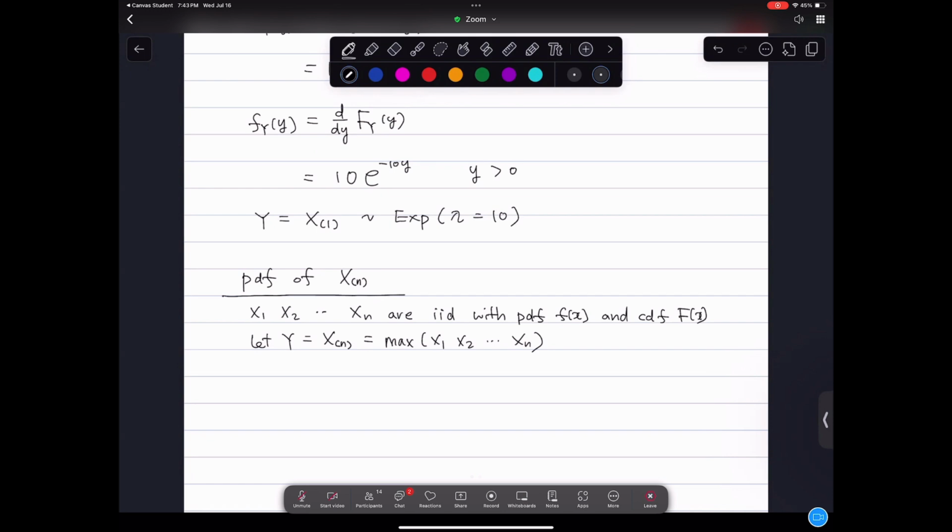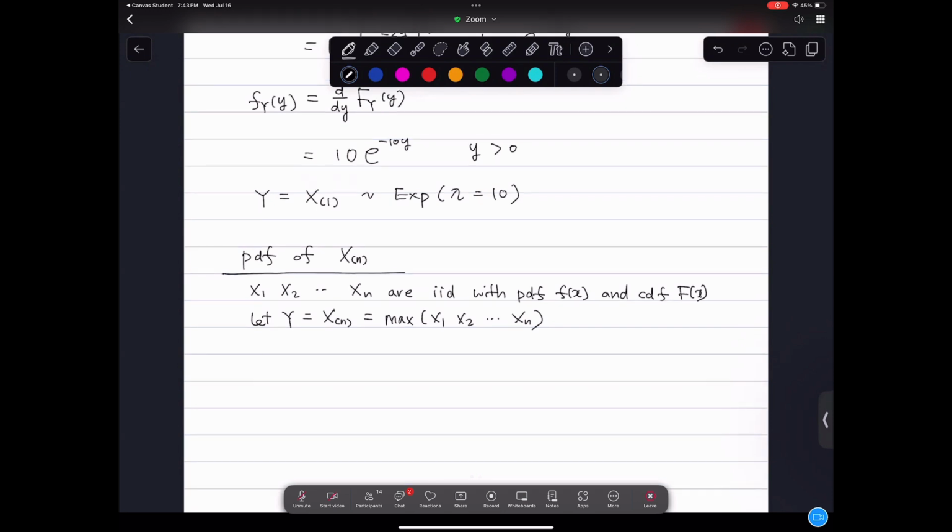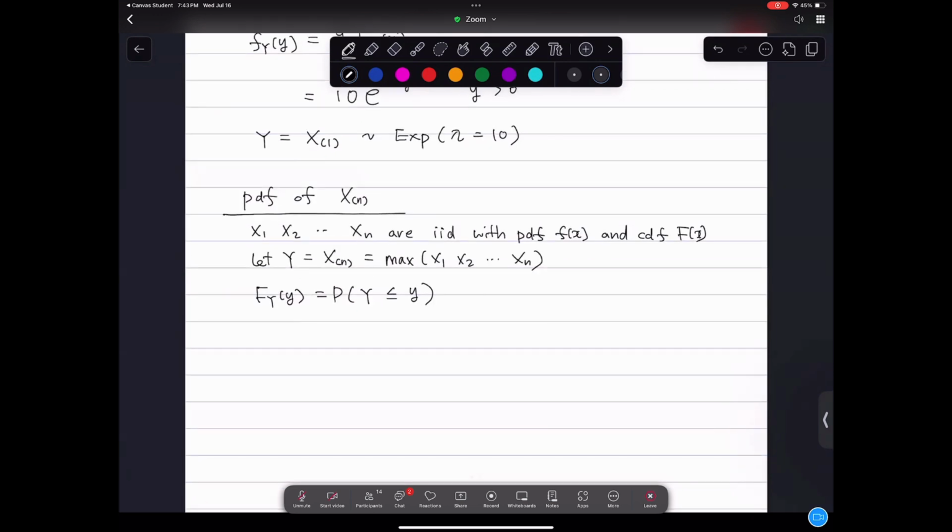So I want to start from my CDF, F of Y, the probability that your Y is less than or equal to y. And I know my Y is the max of those n random variables. So I'm trying to find the largest of them is less than or equal to some number y.